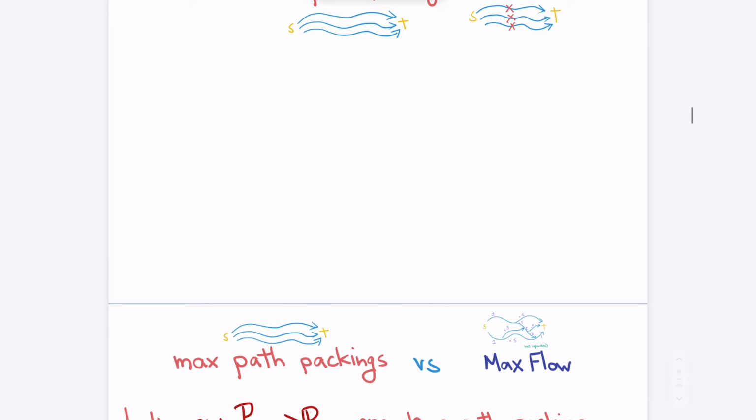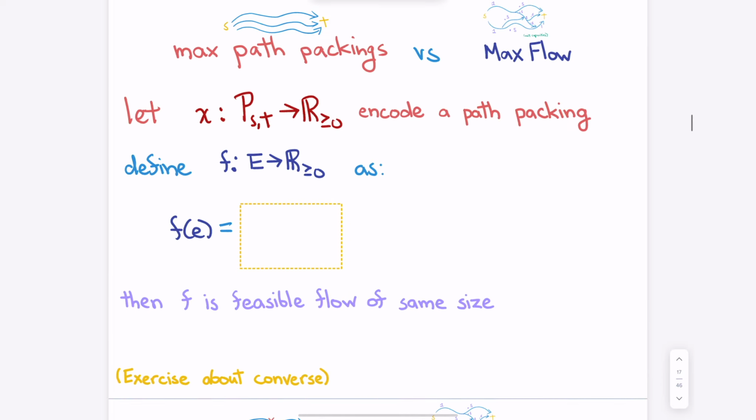Oh, okay, let's see. Okay, so let's say that I have a path packing. Okay, it could be even fractional. So here I've set it up fractionally. I don't know if this notation is very good, but basically, okay, I should have maybe done this more carefully. Let's say this is the family of all paths from S to T. Okay, and X is some weighted combination.